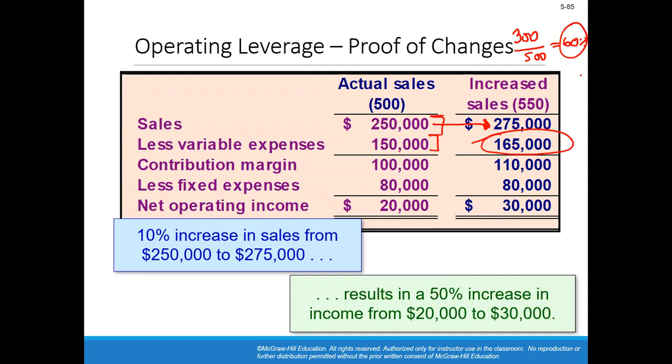I mean, the cost relative to sales remains constant. There has been no change in the cost relation. Now you see the fixed expense is the same, because we are assuming that this sales level is within the range of the fixed expenses. So there is no change.